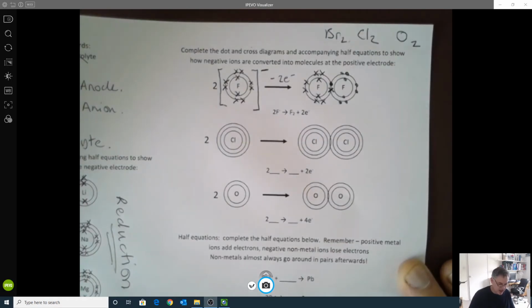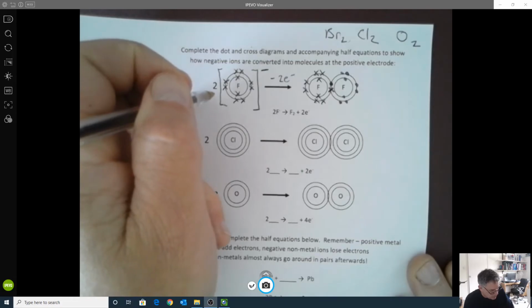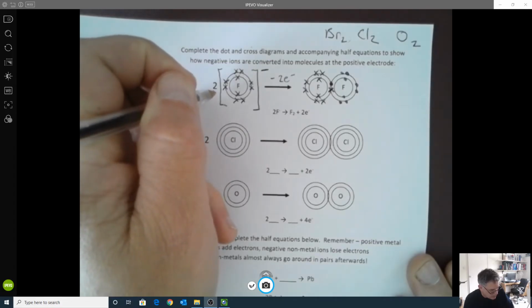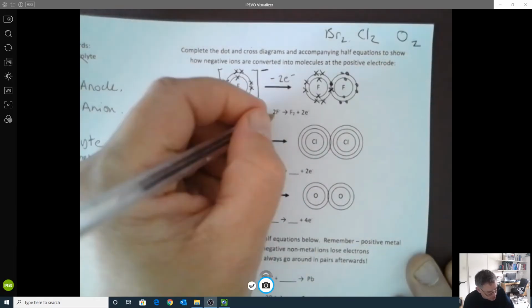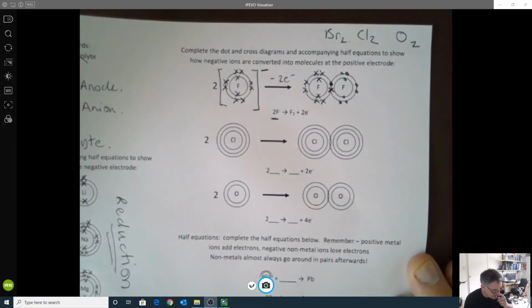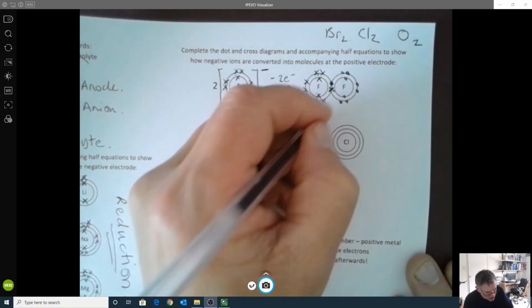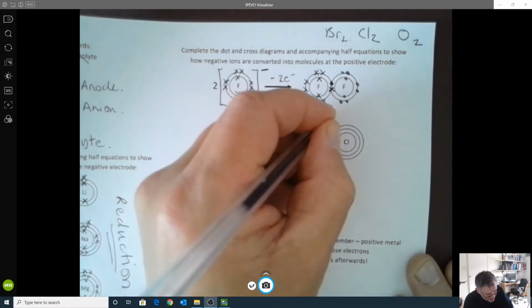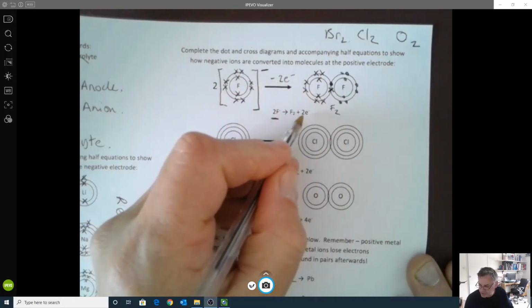So it's that, and the equation for that is 2F minus goes to give F2, this is the electronic structure for fluorine, F2, plus 2 electrons.